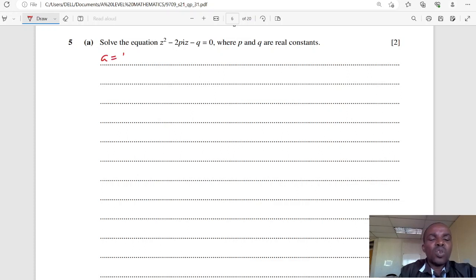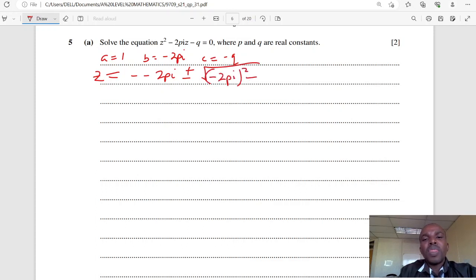So I can say a is equal to 1, the coefficient of z squared. Then b is equal to minus 2pi. Then my c is equal to negative q. Then from this one I can say my z will be equal to minus b, which is minus 2pi, plus or minus square root of b squared, which is minus 2pi squared, minus 4ac. A is 1, c is negative q, all over 2 times a, which is 2 times 1.